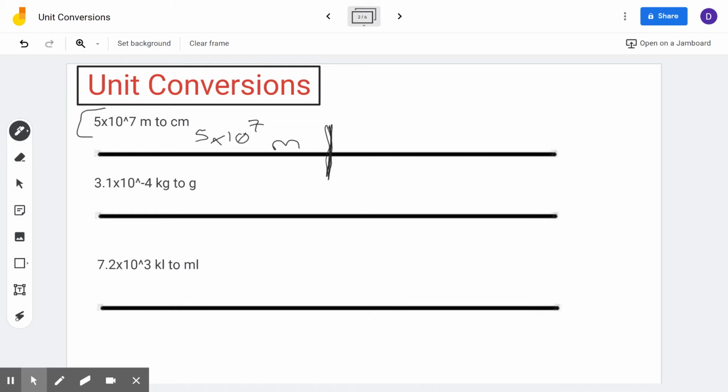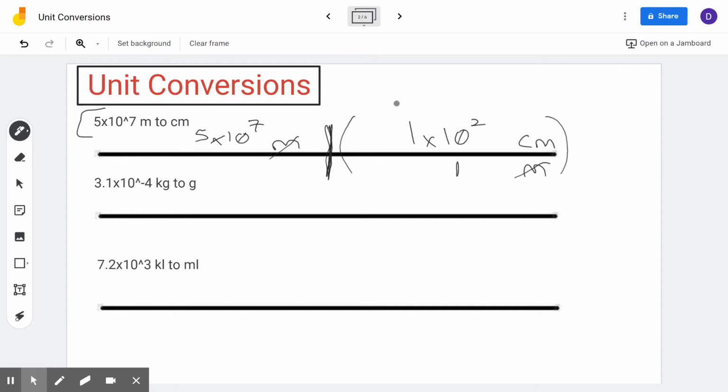Now here, we're going to change it by multiplying by 1. What that means is I want to cancel out the meters and turn it to centimeters, right? Which means I've got to put the meter down here so that they cancel. Now, this is where you're multiplying by 1. 1 meter is how many centimeters? 100, right? Which is 1 times 10 to the second.